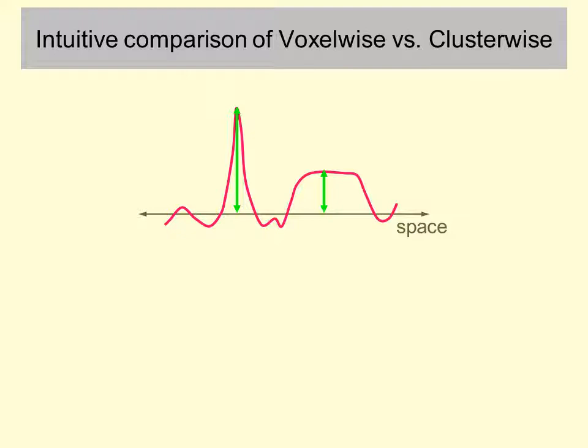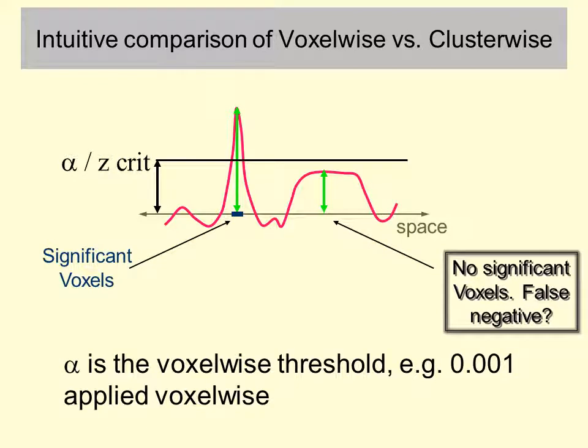Now if we apply voxel-wise thresholding to this strip of Z values using a critical value of Z corresponding to the alpha level we want, then all of the voxels below that black line would be declared non-significant, and the voxels above the black line significant.